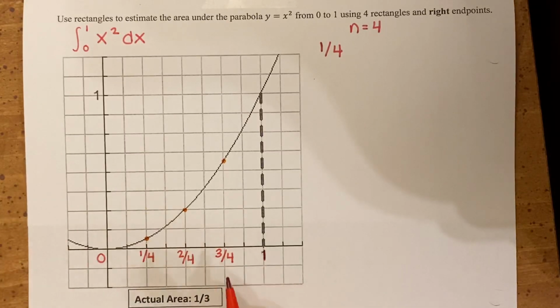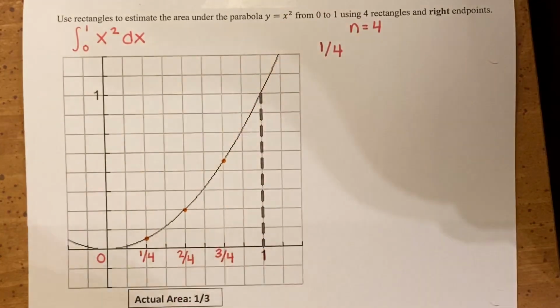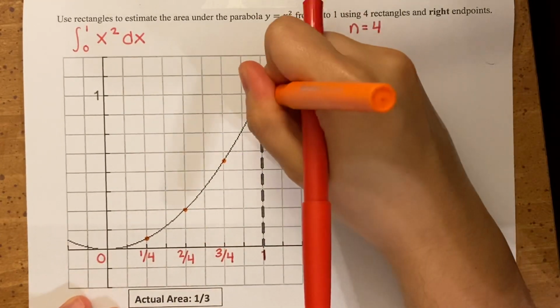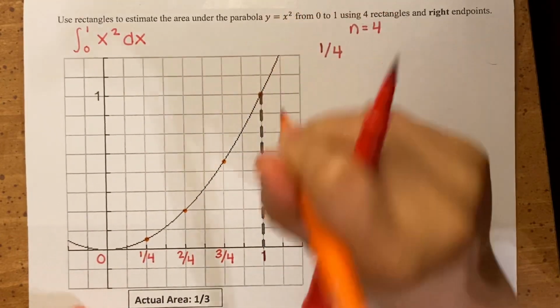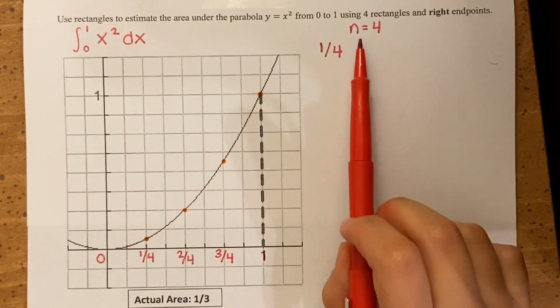And then lastly, 3/4 plus 1/4 gives me 1. So I'm going to put, oops, wrong color. I already have my 1 here, and then I'm going to put a dot where my curve is at 1. Notice how I have 4 dots and my n is 4.